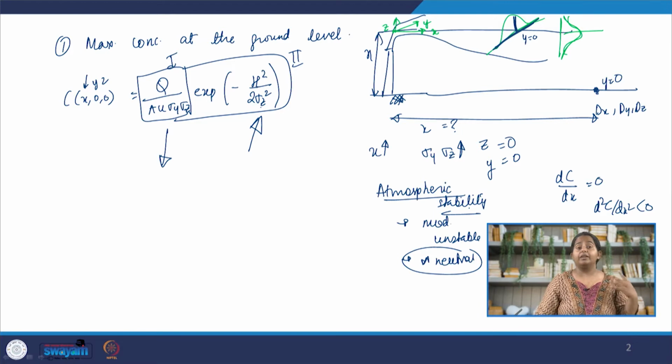Now under these two atmospheric conditions where we have a moderately unstable scenario, there is some vertical dispersion happening, but it's not very dramatic, because remember, when we were deriving the Gaussian plume model, we said that in the z direction, diffusion is important, bulk action is not important.